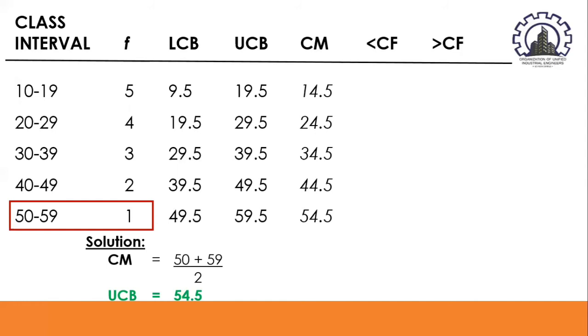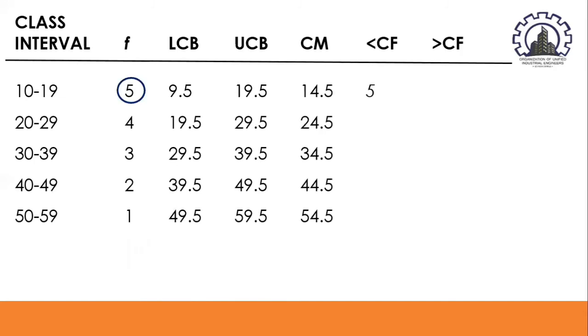And again, as mentioned earlier, your less than CF shows the number of observations less than the UCB. So what is our less than CF for the first class? As you can see there, you have a frequency of 5. So all you need to do is copy that number as the first value for your less than CF.